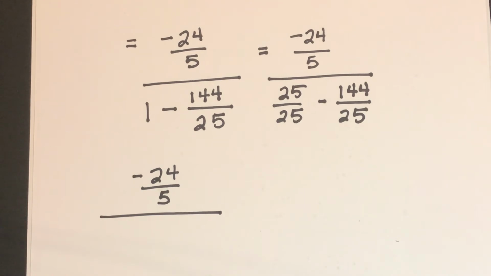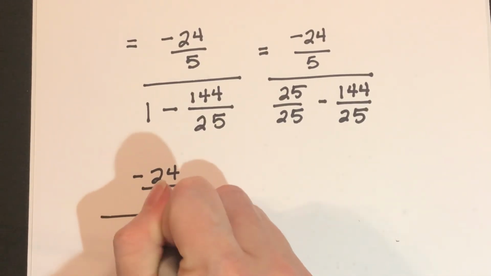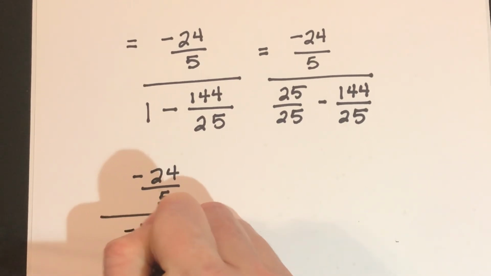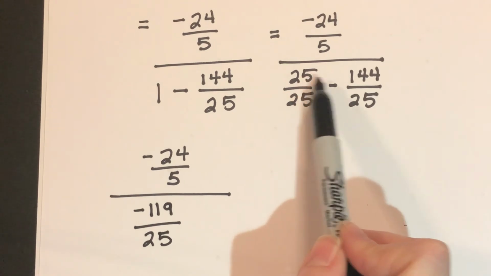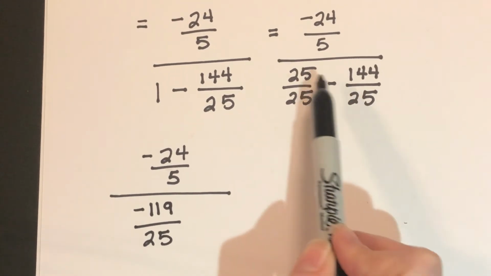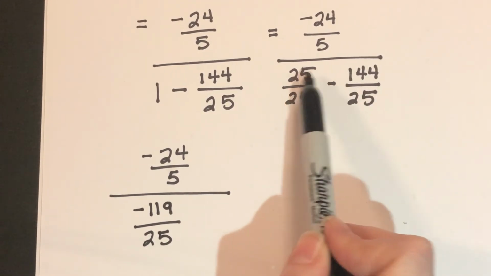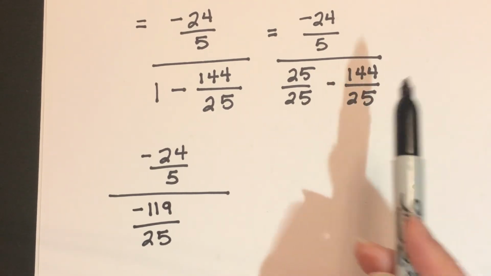Let me just double check. 25 minus 144, yes. Negative 119 over 25. Remember, with adding and subtracting fractions, you find the common denominator, and then you add or subtract just across the top, and you keep the bottom the same.